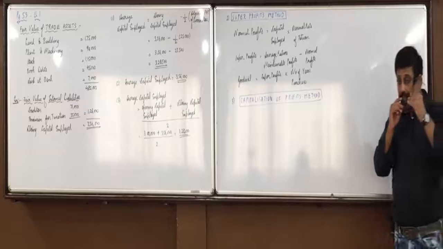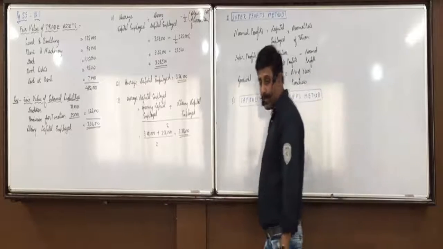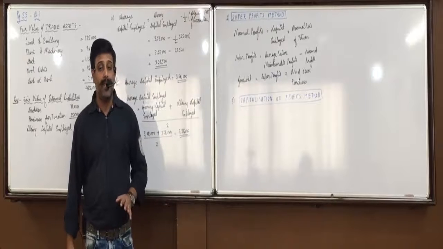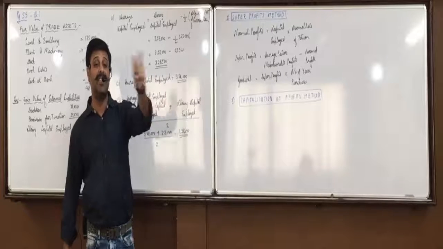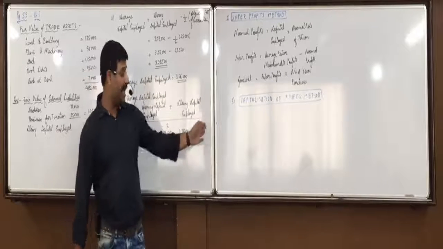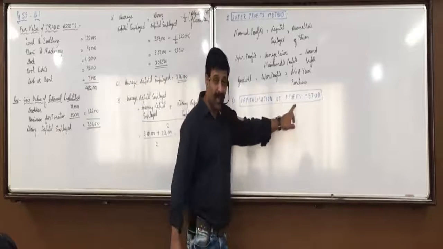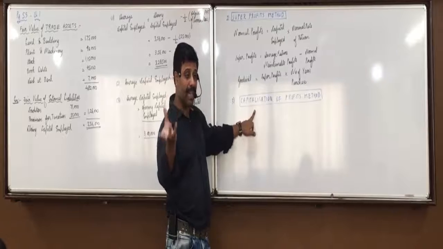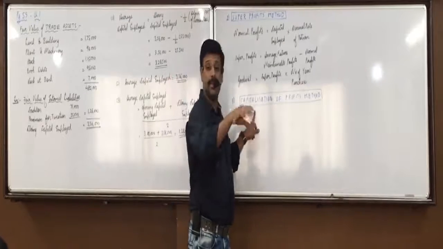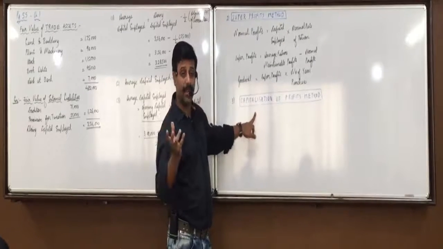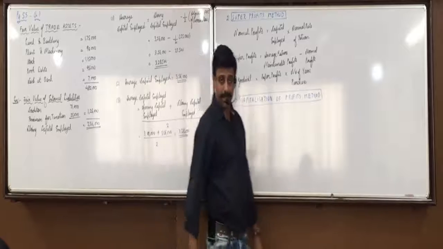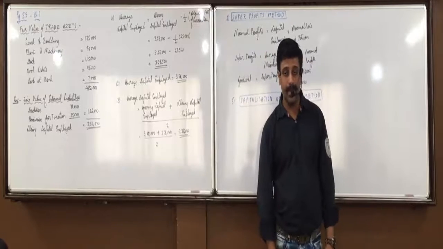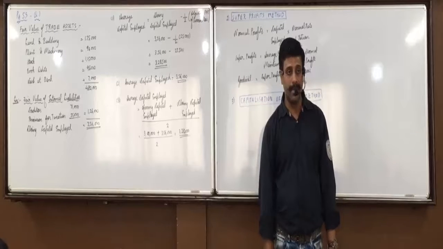In capitalization of profits method, we find what should have been Arpan's investment. Capitalization of profit means to earn the profit, what should have been your capital. That's why you call it capitalization of profits. From profit we find the capital. What are his profits? 1 lakh. What is everyone earning in the market? 15%.